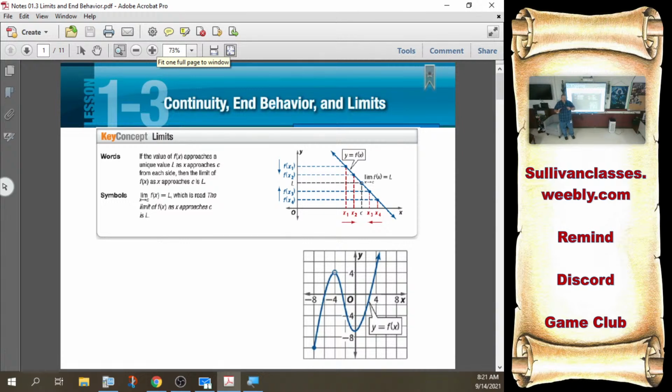Limit is a way to write, as I get really close to this point from both sides, where does it approach on the y's? So as x's go to this spot, what are my y's doing? That's all it is. The limit as I approach this x is what?